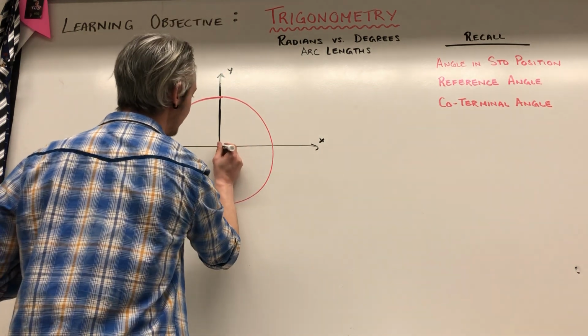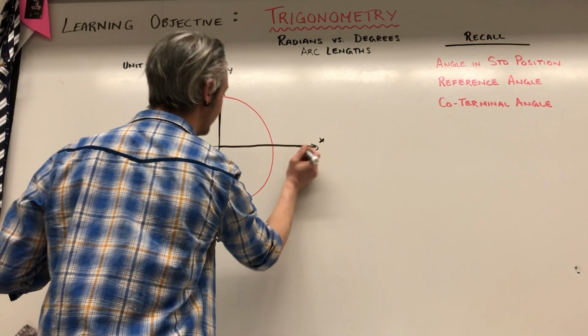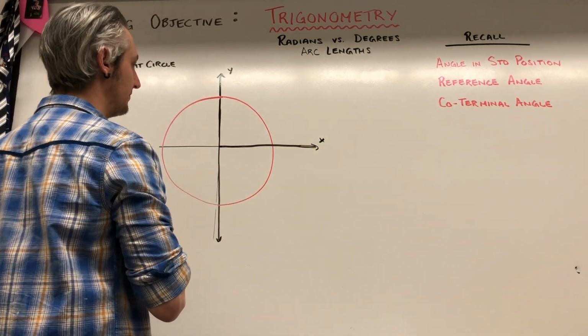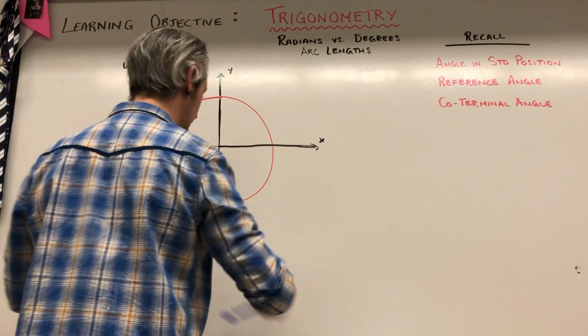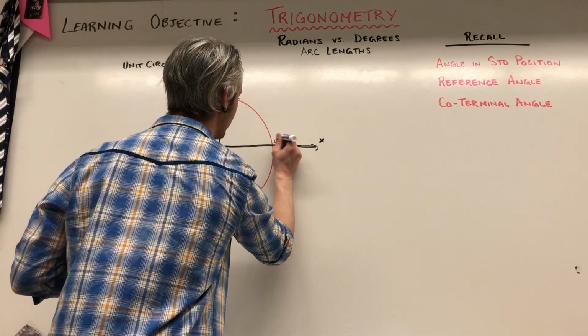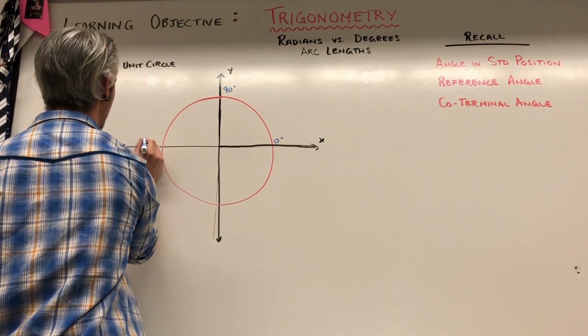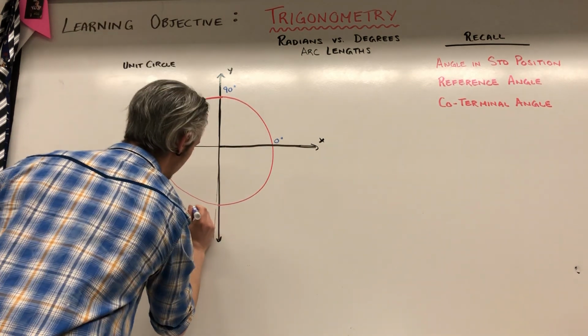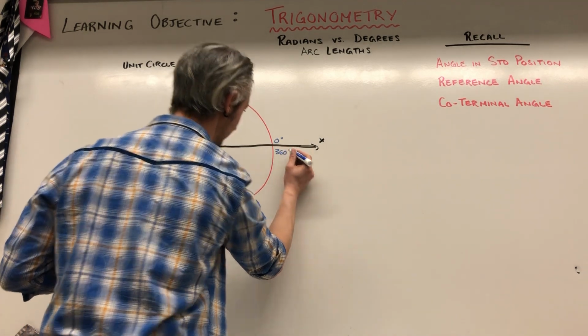We recall from pre-cal 11, this is our starting point. This is our starting arm. We start all of our counting of angles from here. And our angles in blue, we start at 0 degrees, we get 90 degrees up here, 180 degrees, 270, and a full rotation is 360 degrees.